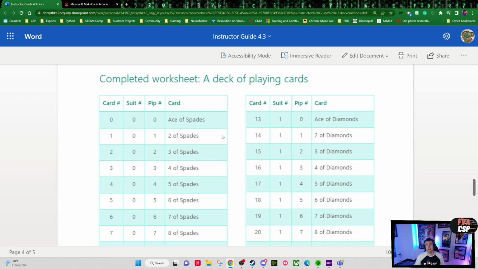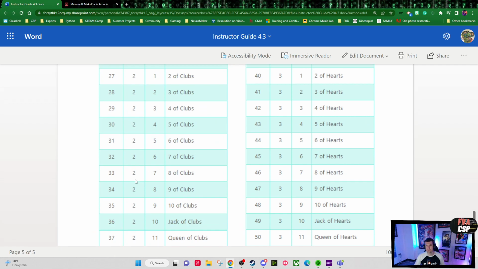So if I were to say suit 2 pip 7, let's go down here. Suit 2 pip 7, that is the 8 of clubs. Is that making a little more sense? I hope that's making a little more sense. The math here is 33 divided by 13, but you have to do it in terms of how a computer does the calculation.